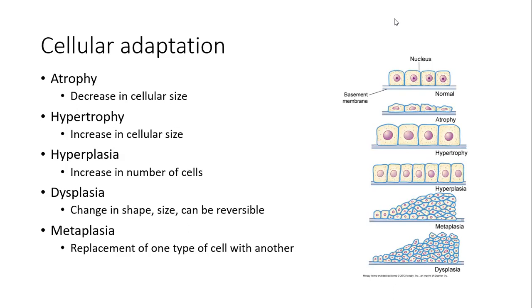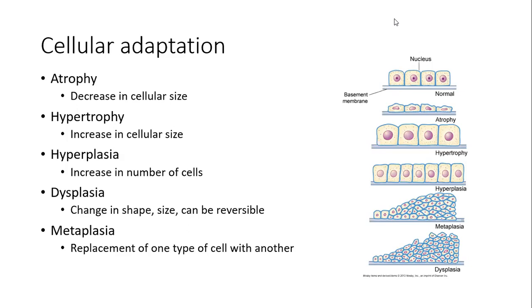Hyperplasia, which is increase in number of cells, so that is where the reproductive rate comes into the picture. And dysplasia, which is a change in cell shape, size, but still can be reversible, still an adaptive change. And metaplasia, which is where one adult cell type is replaced by another. And that is usually caused by chronic stress.